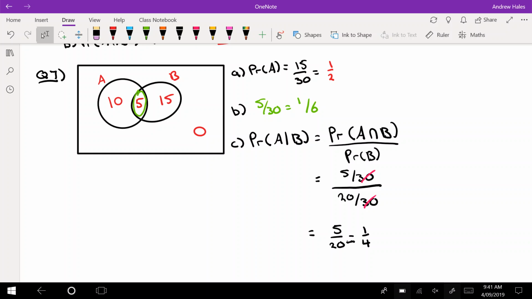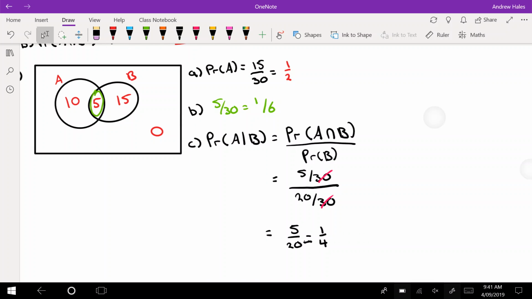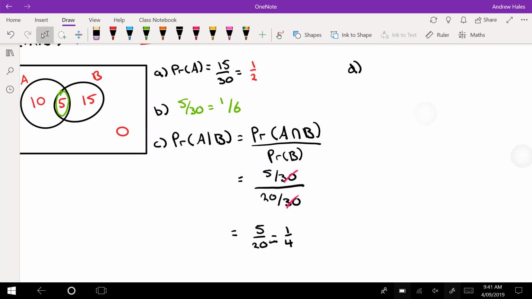All right, and lastly, we've got the probability of B given A, which is the probability of the intersection again. But this time we're dividing by the probability of A. Remember, the number that's second is always the one that's on the bottom.